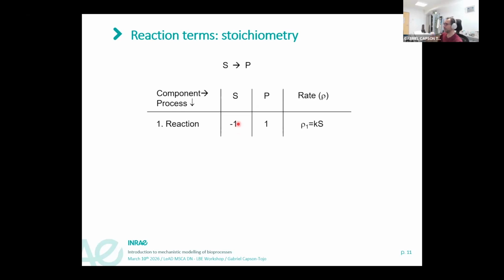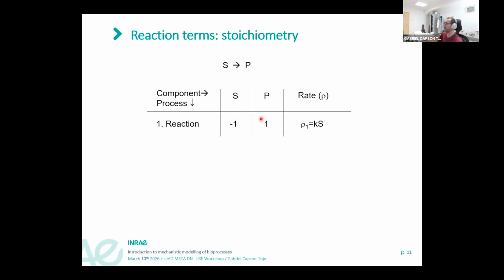By convention, you get negative values for substrates and positive values for products. Here it is -1, and here there is a 1. This is a substrate. The stoichiometric coefficient in the reaction of component S is -1. That's the value that we put here. For the product P, the stoichiometric coefficient in the reaction of P is 1.